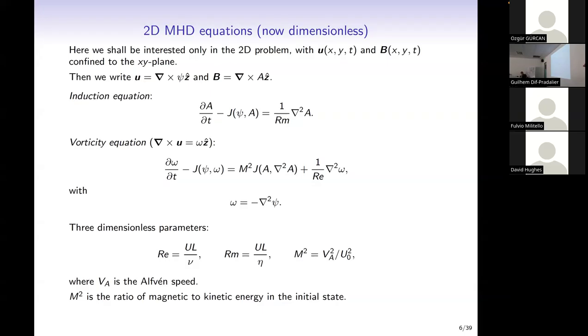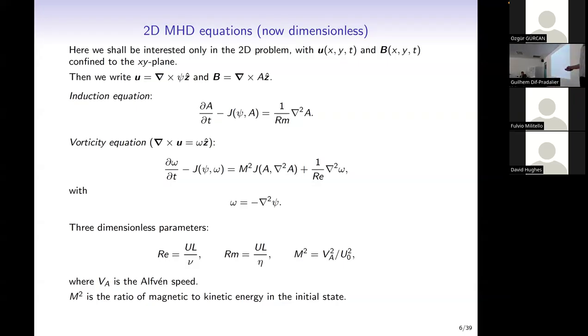And it's useful in 2D, as in many 2D fluids problems, to work with vorticity rather than the velocity, and it gets rid of the pressure, always a good thing. So we have a vorticity equation. This is the advective term for vorticity, and this is the Lorentz force.